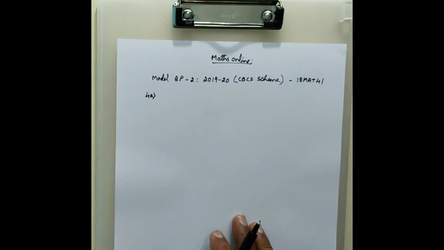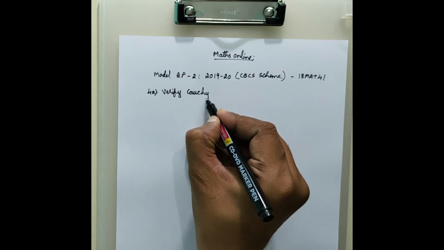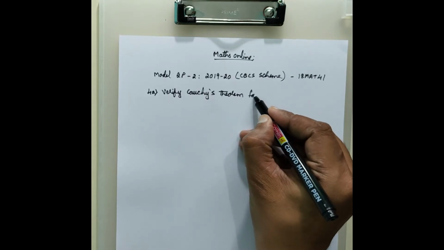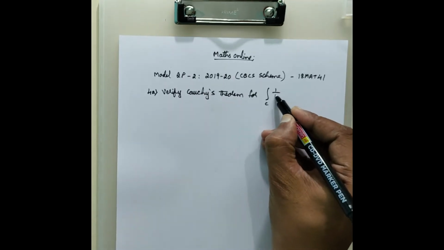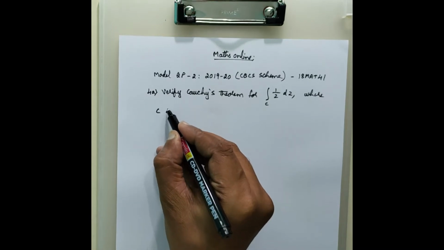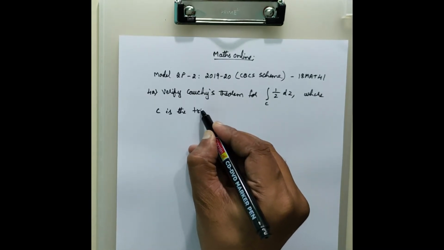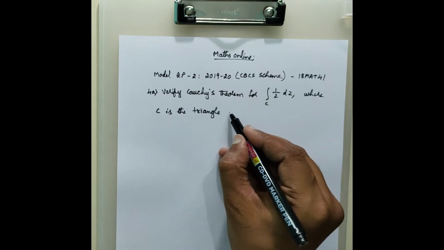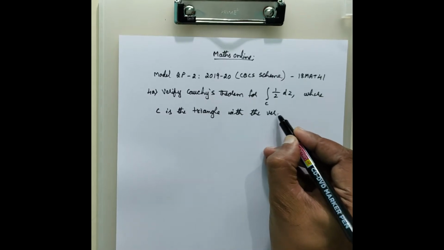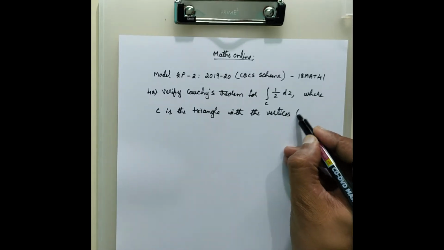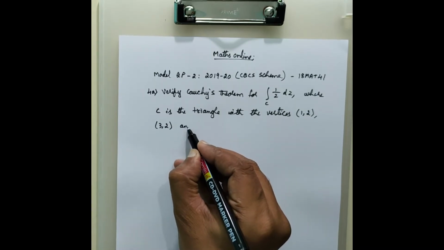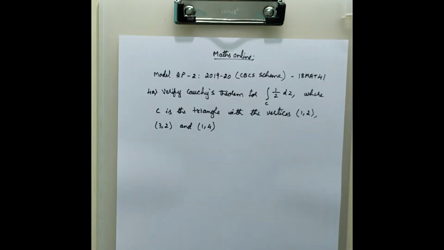Question number 4a. Verify Cauchy's theorem for the integral over C of 1 by z dz, where C is a triangle with the vertices 1, 2; 3, 2; and 1, 4.